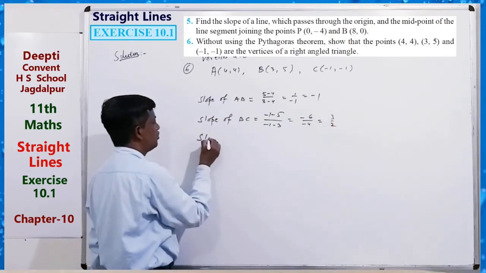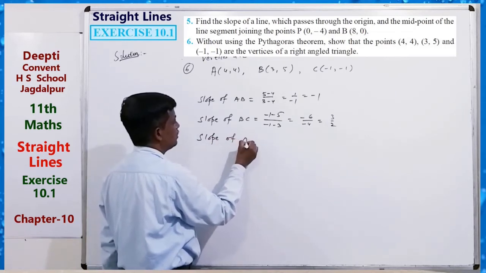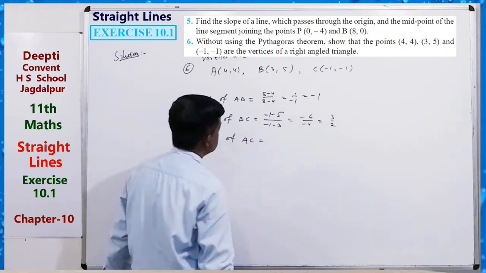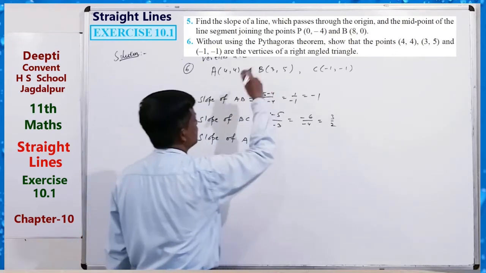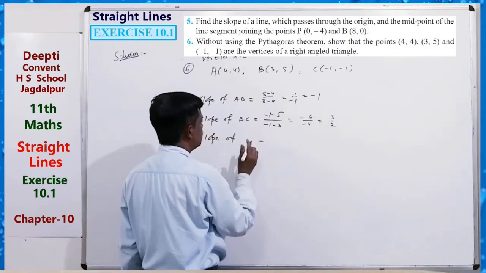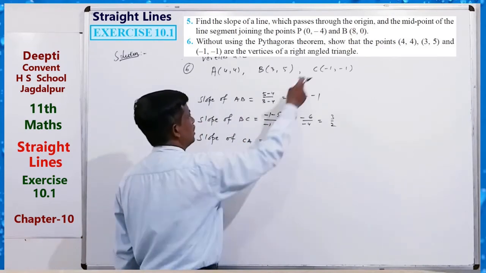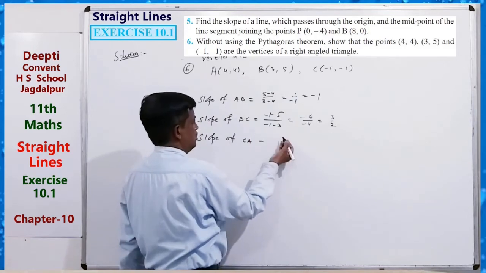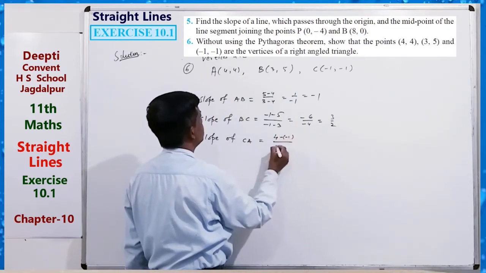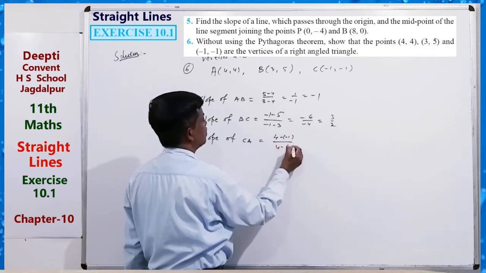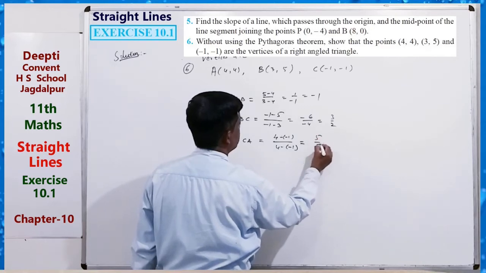And slope of AC, or you can also write CA: 4 minus minus 1 upon 4 minus minus 1, equals 5 by 5, equals 1.